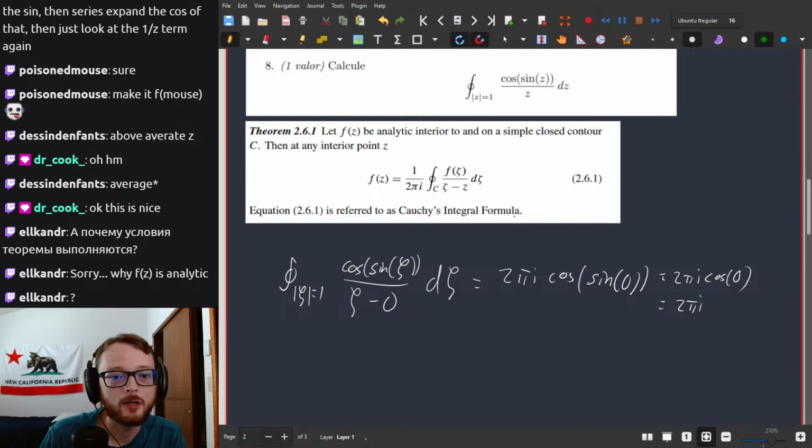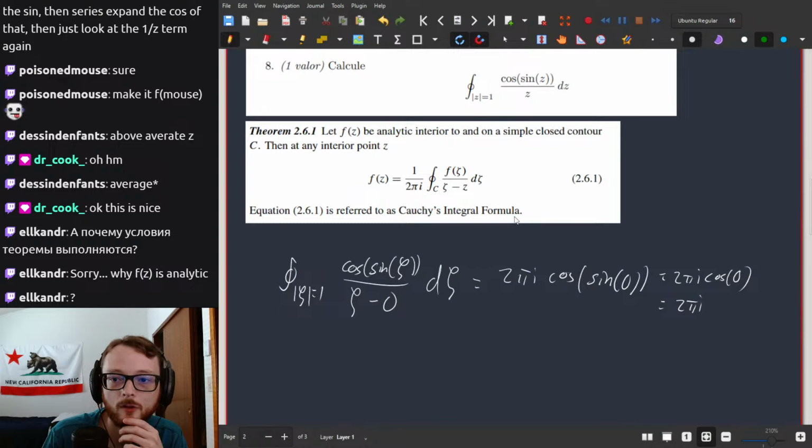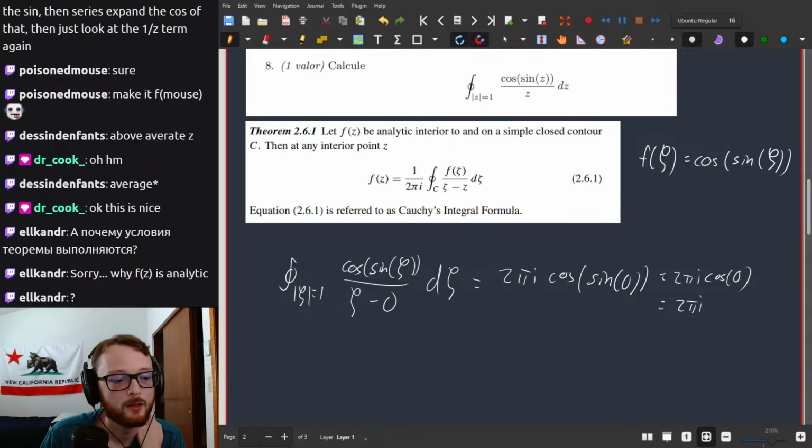So here it's fulfilled because f of zeta is cosine of sine of zeta. And these are just exponentials, so they have no singularities. Maybe at infinity, but I don't remember how that works.